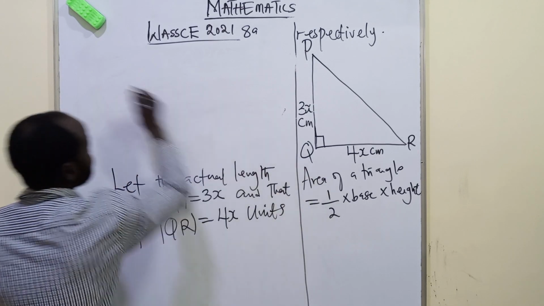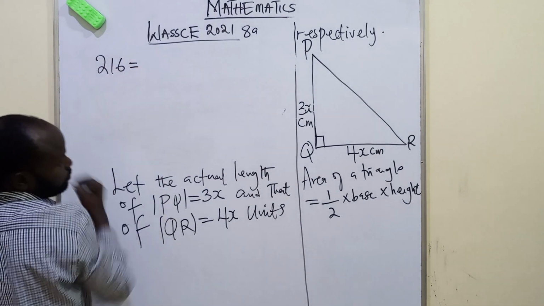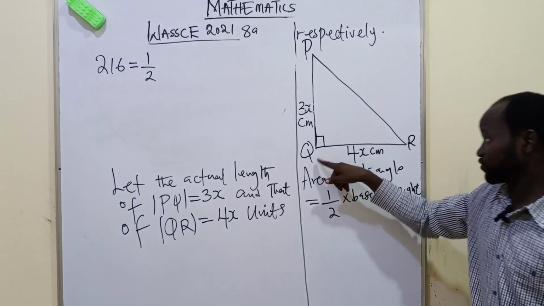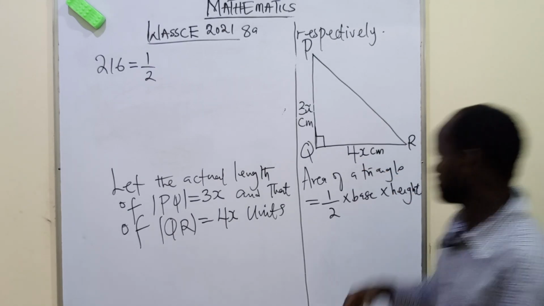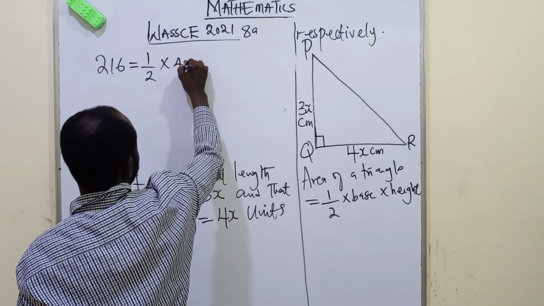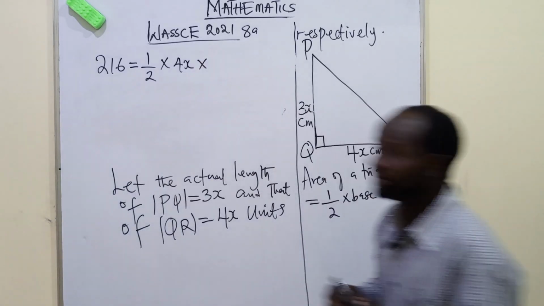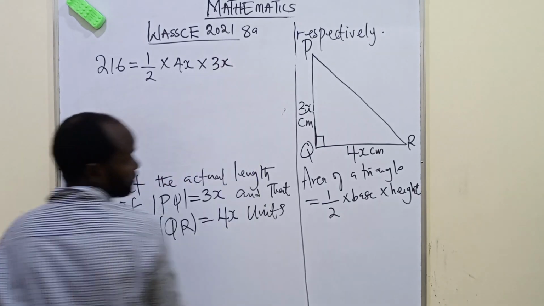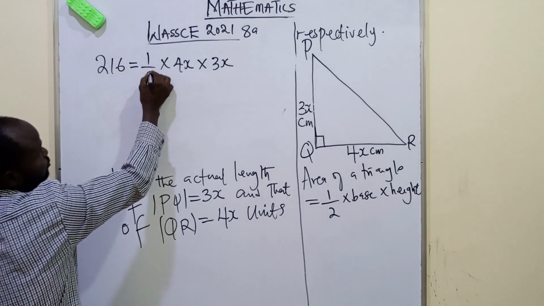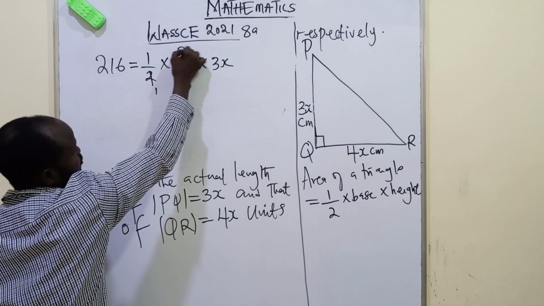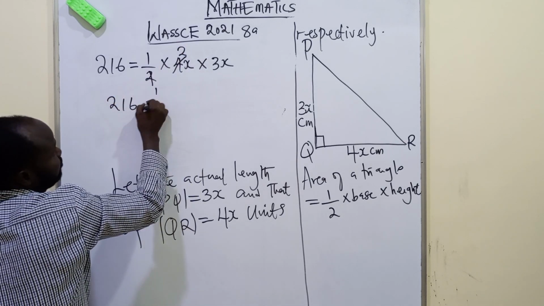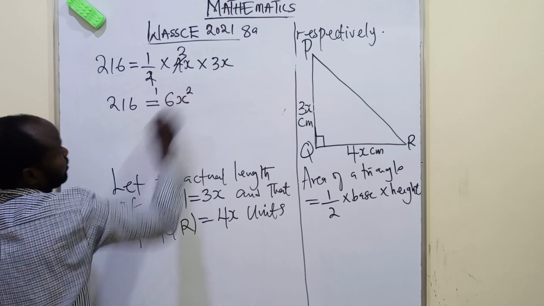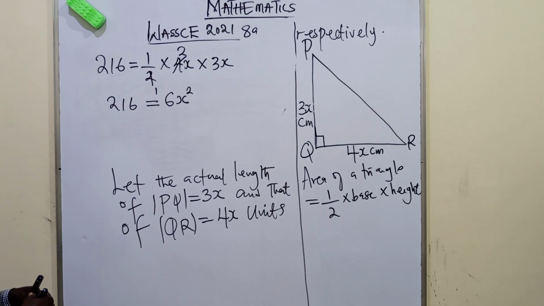Area is given as 216, which will be equal to half times the base of this right angle triangle, which is Q to R, given as 4x, multiplied by the height of this triangle, length PQ, which is 3x. We can reduce this: 2 into 4 is 2. That will be 216 equals 2x times 3x, that will be 6x squared.